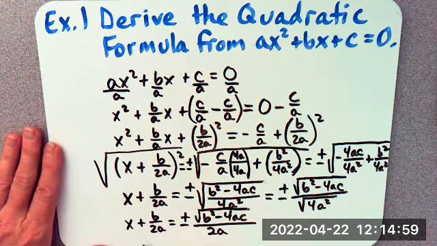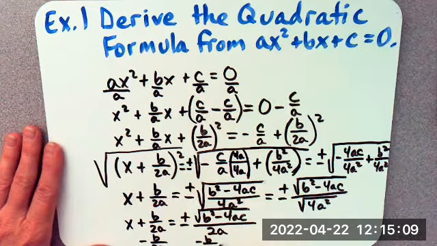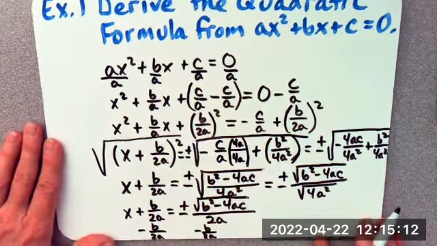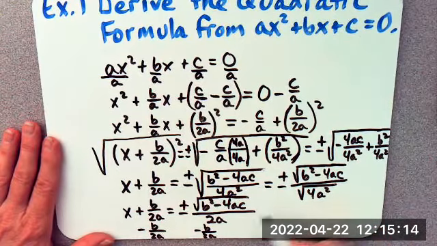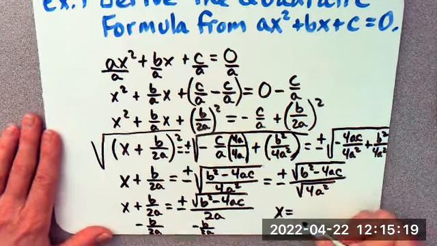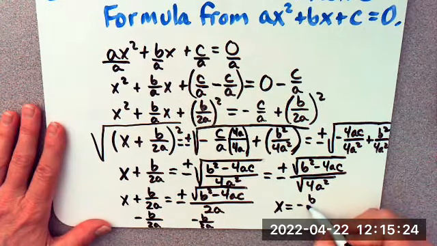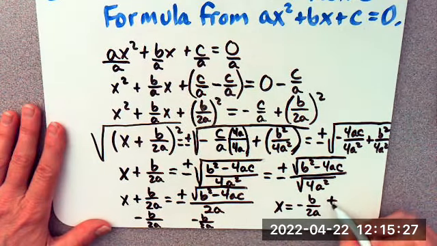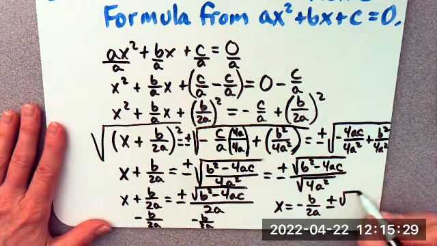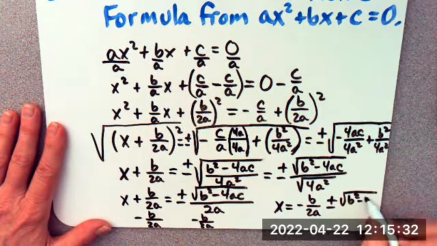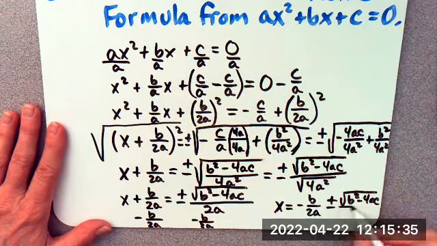So now what I'm going to do is subtract this b over 2a from this side and subtract it from this side. So when I do that, this becomes just x equals negative b over 2a plus or minus the square root of b squared minus 4ac all over 2a.